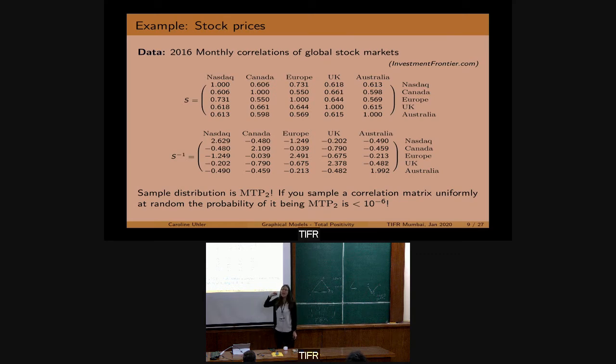Just by chance, this should never, ever happen, right? I mean, yeah, it should happen if I look at 10 to the 6 many data sets, but I didn't, right? This is the first one I looked at. Okay, so this is really crazy, right? That the sample distribution itself is actually MTP2. I can find things that are close to MTP2, but that I can actually find one that is MTP2 tells you that probably this is a pretty good constraint to actually take into account in practice.